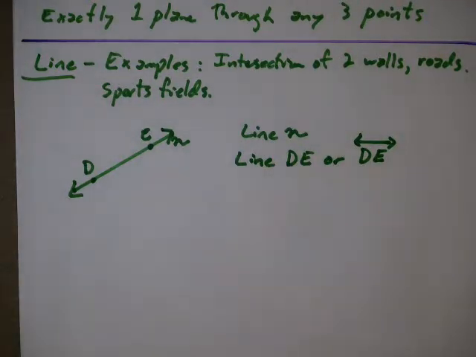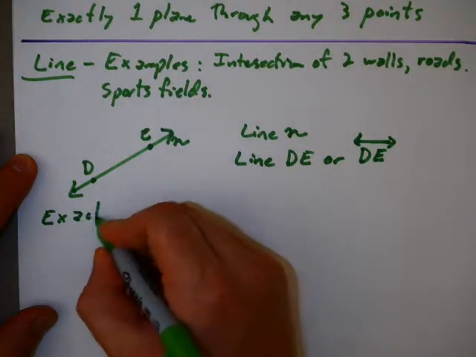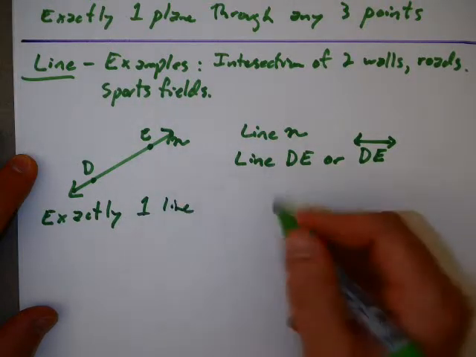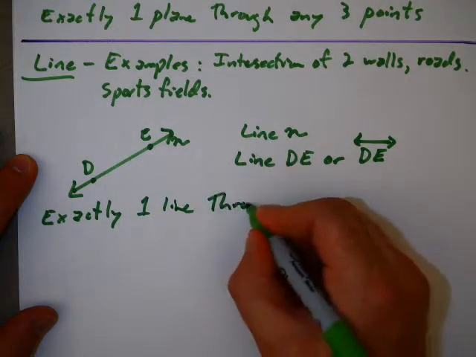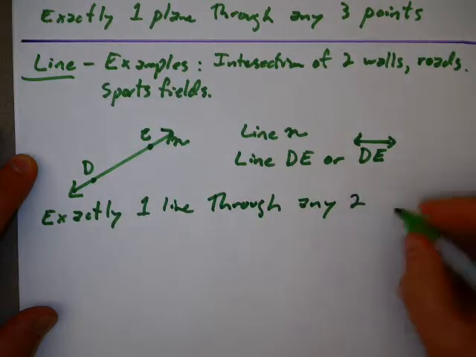Something that you need to know is that there is exactly one line that goes through any two points.